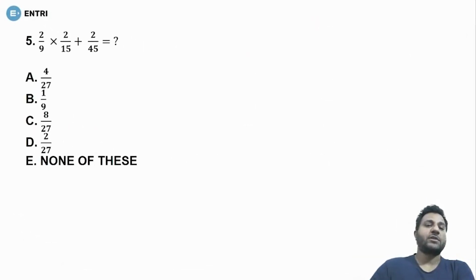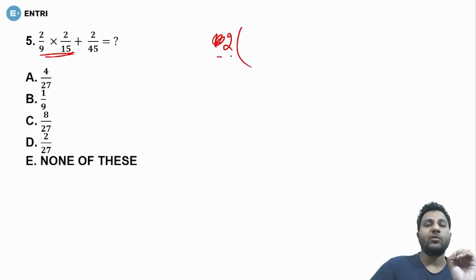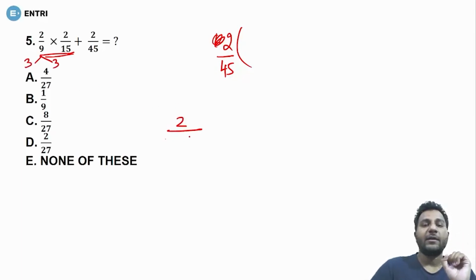Look at the next question. Now you can use the shortcut method to solve this kind of question. Take the 2 common. That's it. You have taken 2 as common. Now 2 by 15, or you can say 2 by 45, will be common. That means this 3 will be distributed in 2 parts. Let's say that 2 by 3 into 3 into 2 by 15 plus 2 by 45.